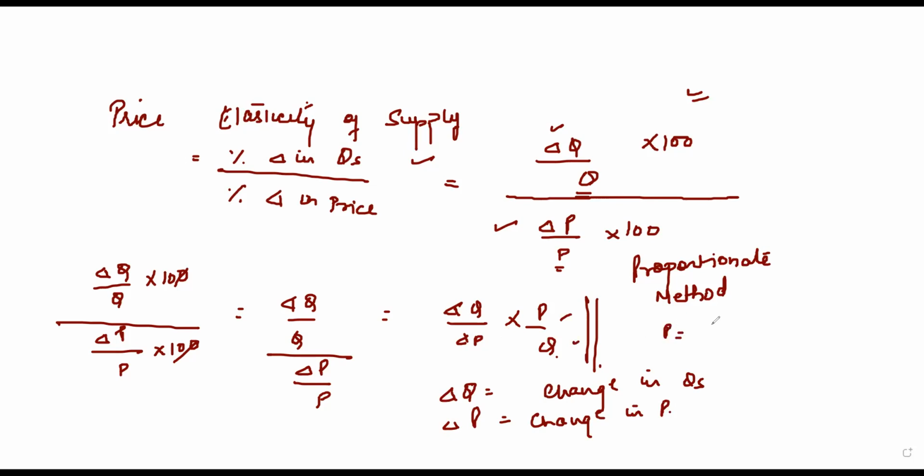Basically, P is your initial price and Q is your initial quantity supplied. You can note these. Then we'll do a small question based on this and then we'll proceed to the different kinds of elasticity.